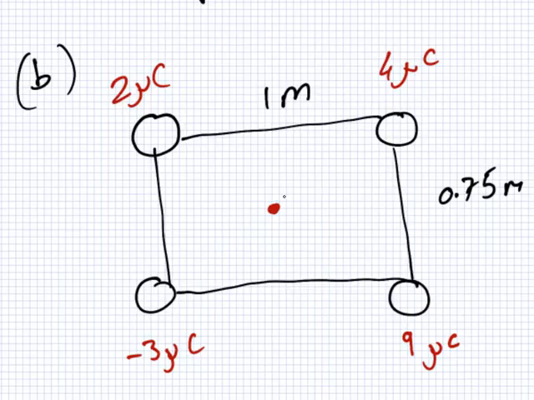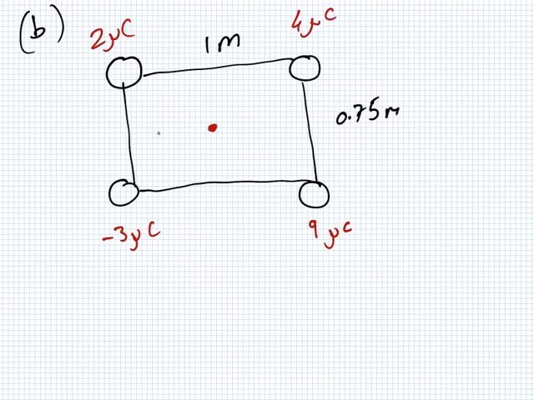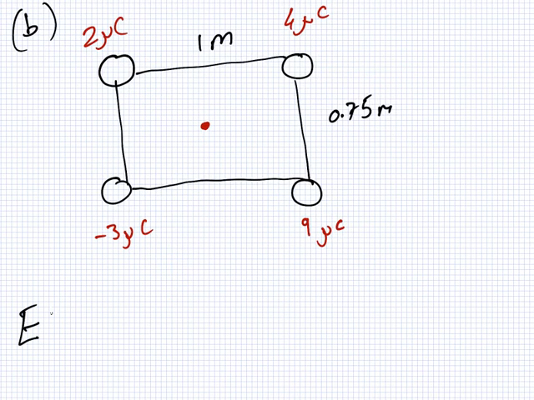But there is another way to do it. Maybe I'll do it the other way, because we have a formula. Does anybody remember the formula for electric field strength? It's in the book.